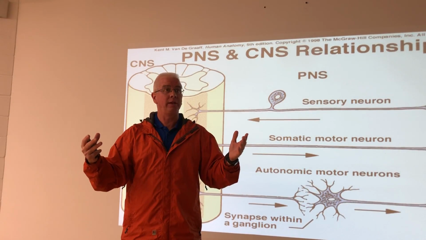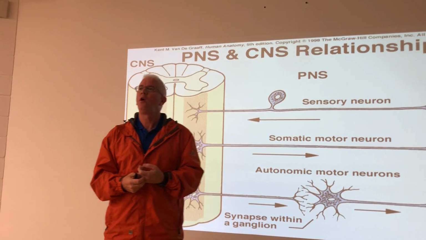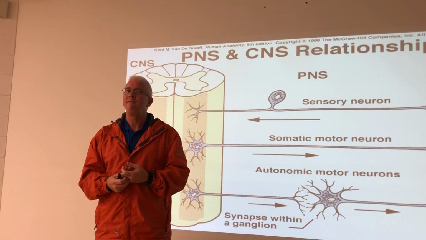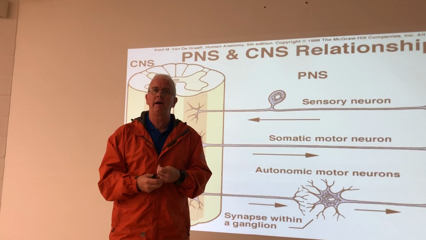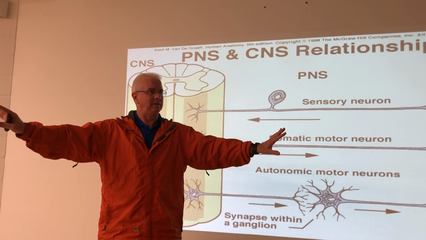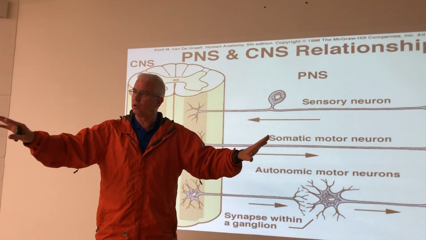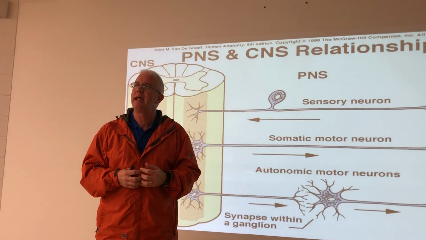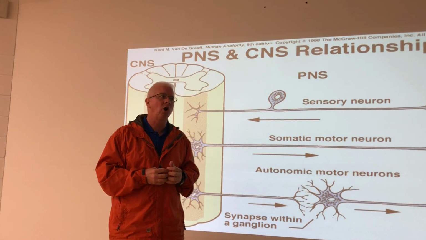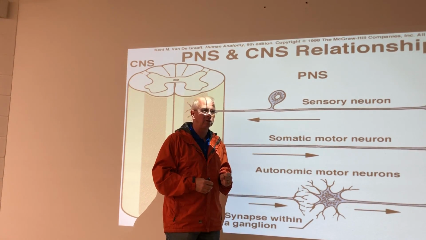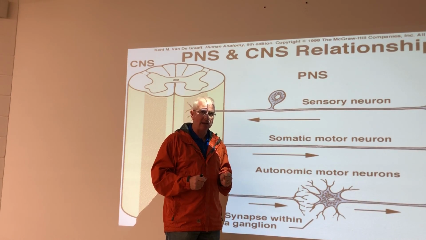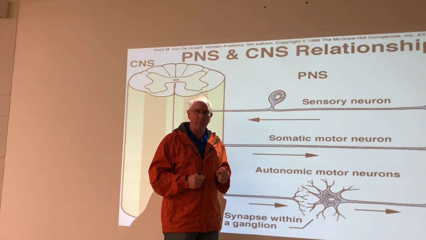Okay? Gray matter, nuclei. If, on the other hand, I find a cluster of neuronal cell bodies in the peripheral nervous system associated with cranial nerves or associated with spinal nerves, I have a different name for them. I'm going to call those clusters ganglion, singular, or ganglia, plural.